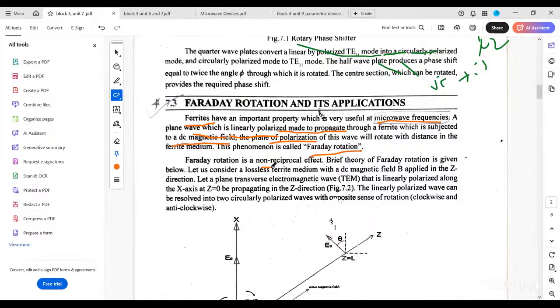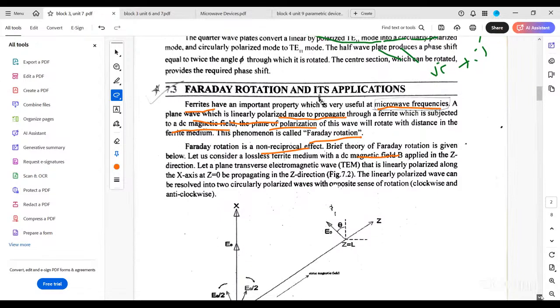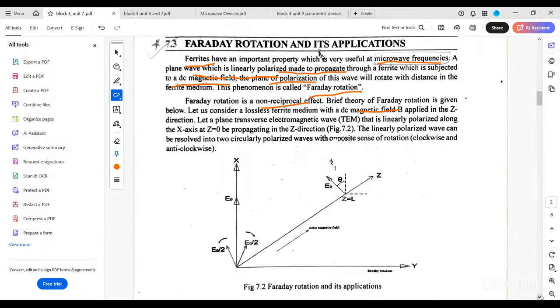It has a non-reciprocal effect. Here, the meaning is, when I apply a magnetic field in the Z direction, just observe the diagram. Here, I am considering the x-axis and y-axis with a component E0. This E0 on one side shows a clockwise direction, and on the other side an anti-clockwise direction.